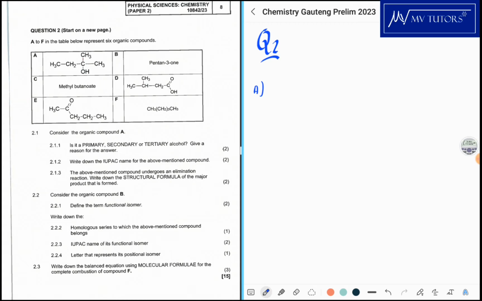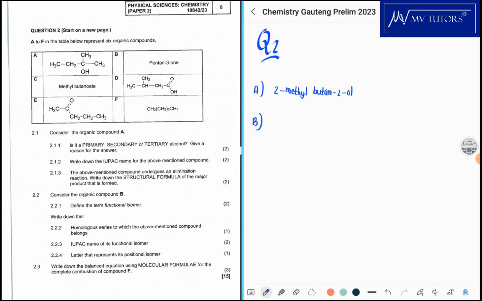Okay, so when we name it, on the second carbon we have a methyl group. So 2-methylbutan-2-ol, or 2-butanol.